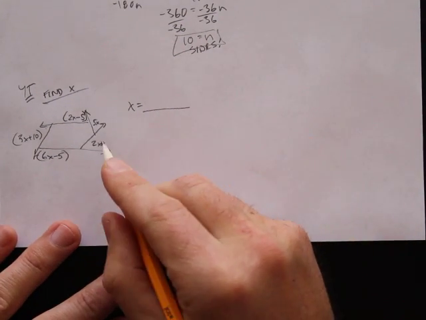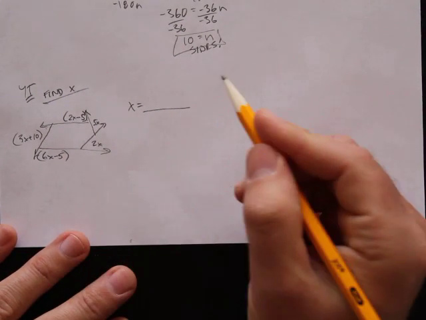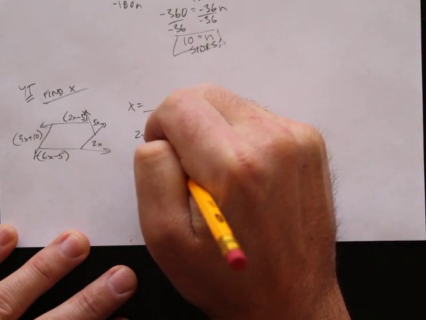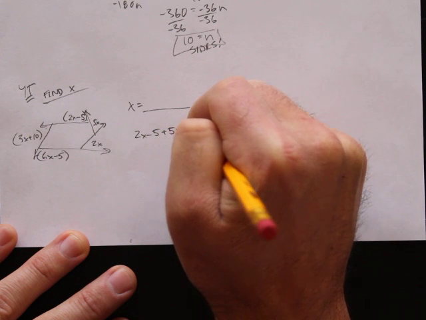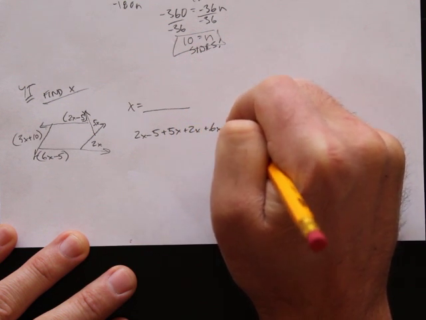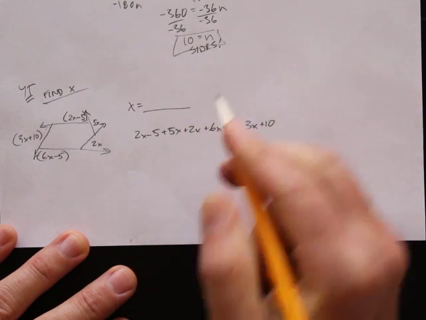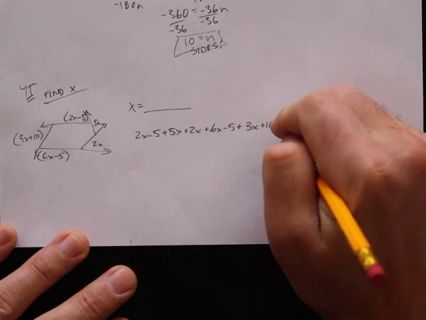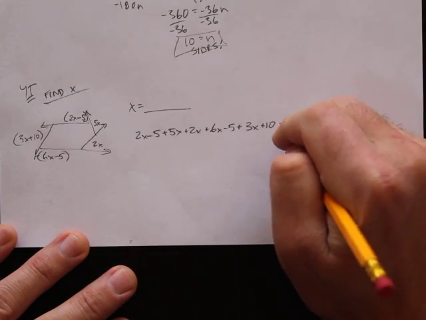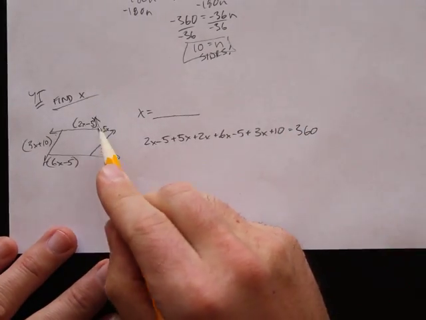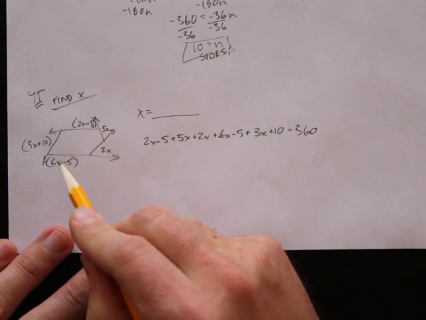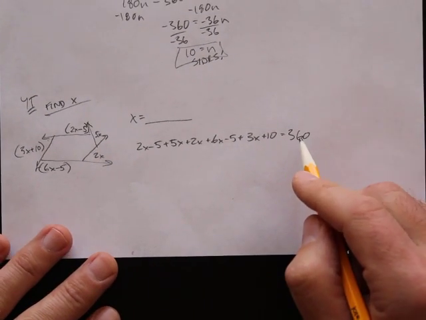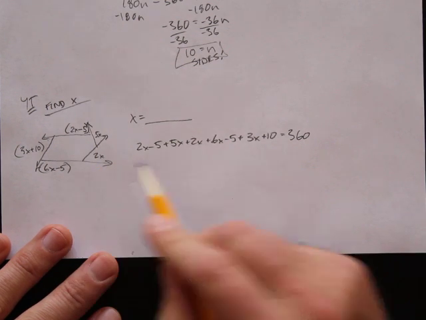All right, see how you did? I'm just going to add all these up and set it equal to 360 degrees. 2x minus 5 plus 5x plus 2x plus 6x minus 5 plus 3x plus 10. Make sure that you got all 5 of these. Equals 360, because all of the exterior angles, no matter how many sides the polygon has, should add up to 360 degrees, as long as it's a convex polygon.